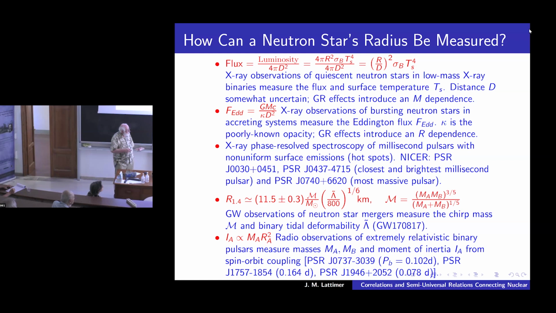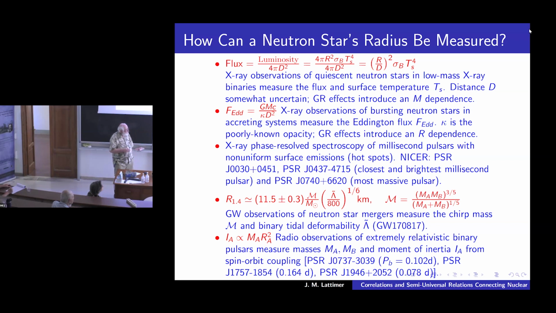So we get a quantity that's proportional to the radius divided by the distance to the star, the angular area, times temperature to the 4th. So then if we can measure the temperature, because the spectrum looks something like a black body, we can estimate the temperature from the peak of the X-ray spectrum. And if we have a way of measuring the distance, then we can get a measurement of the radius.